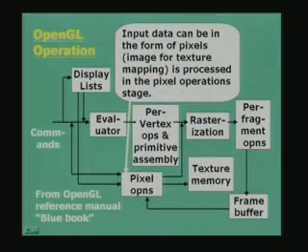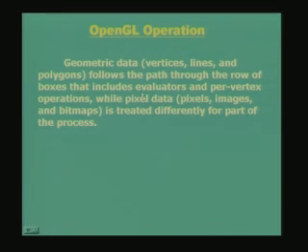It is very much possible with OpenGL, where you use the link to the rasterization operation, per fragment operations and frame buffer, and the input data in the pixel operations, again I repeat, could be in the form of pixels, which is a digital image for texture mapping, and is processed in the pixel operation stage.